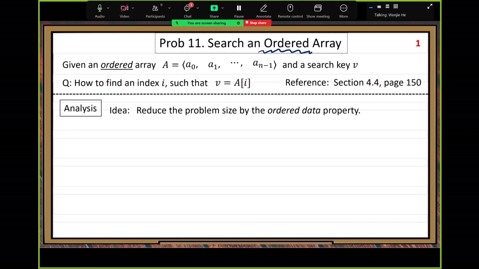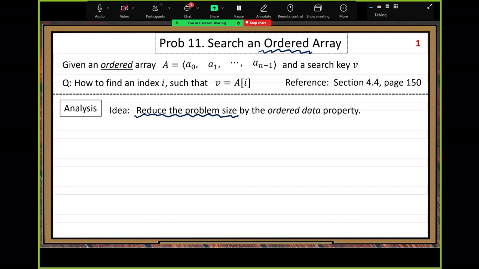when we solve many computing problems, we apply this basic method, reduce the problem size. In our module 3, recursive algorithms, almost all the questions there, we use this simple, basic method, reduce the problem size.